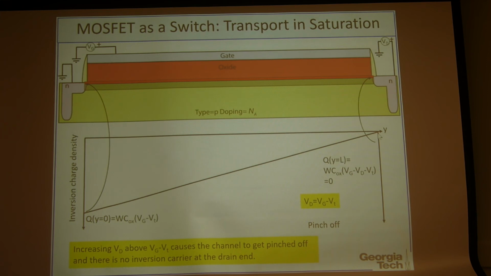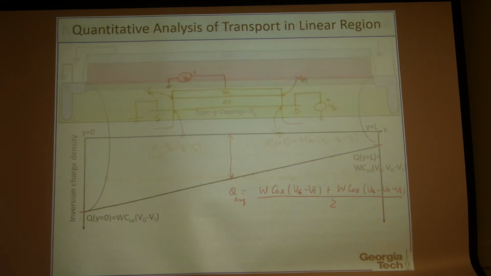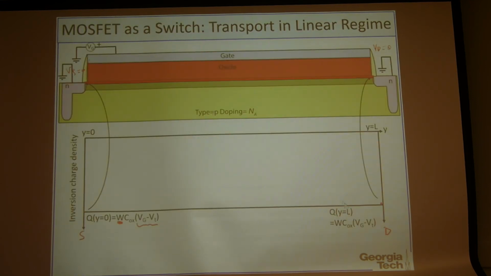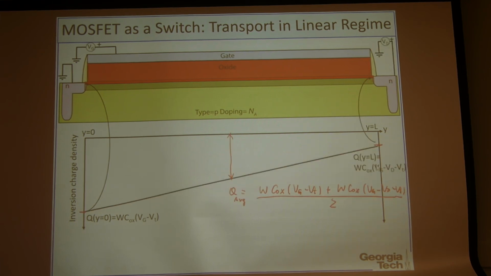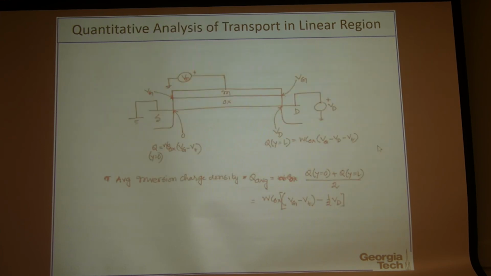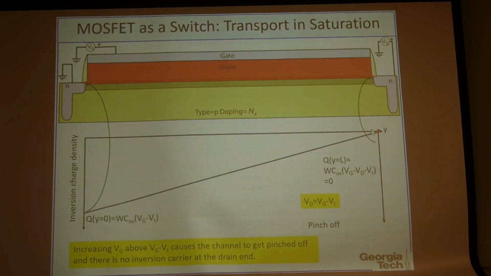However, if the drain voltage is large enough, this one will decrease to 0. So previously you see initially the charge density is like this. As you increase the drain voltage, this decreases, and then decreases, and then eventually becomes 0.